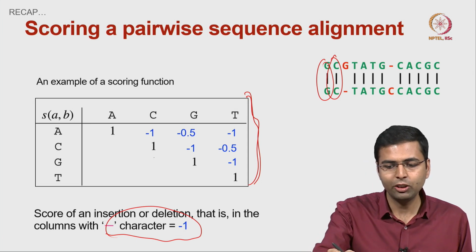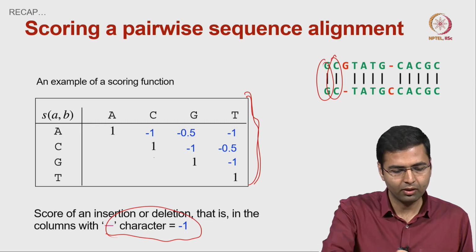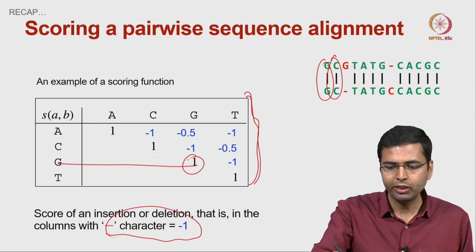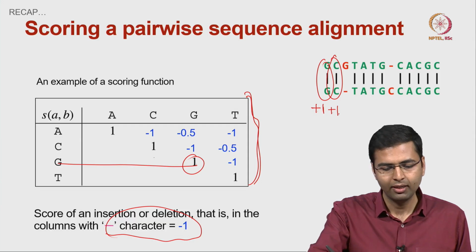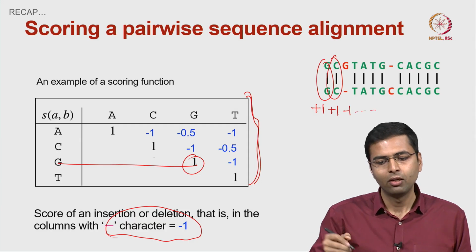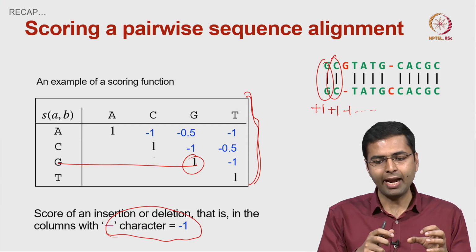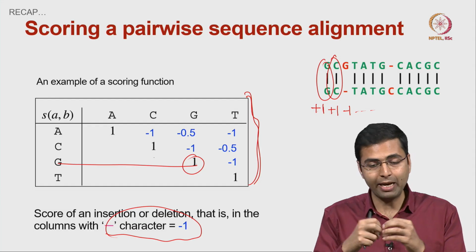For example, here G to G corresponds to a score of 1. So, we were saying that this is +1, then further +1, then -1 and so on. So, we were looking at a scoring matrix and accordingly we were scoring a pairwise sequence alignment.